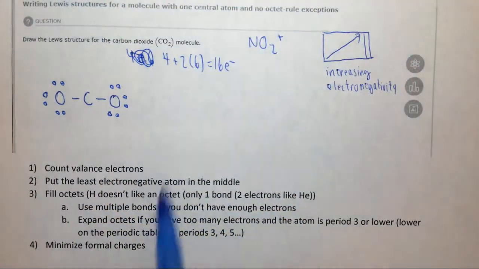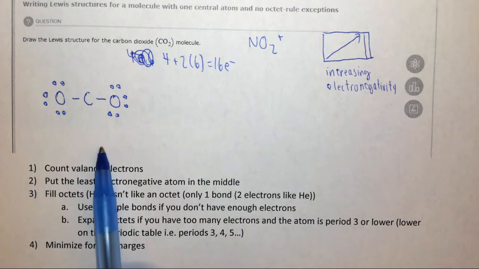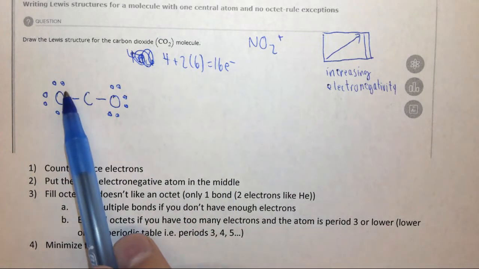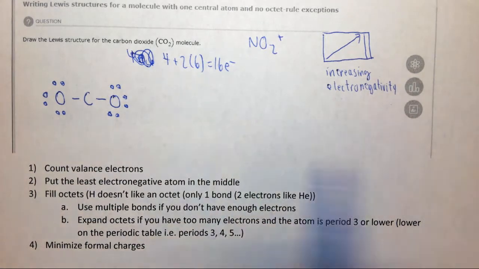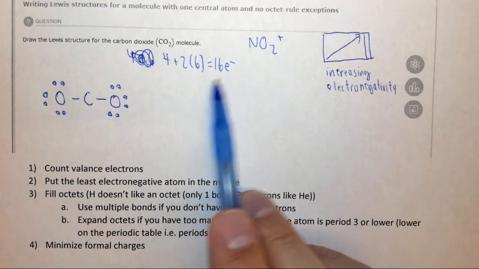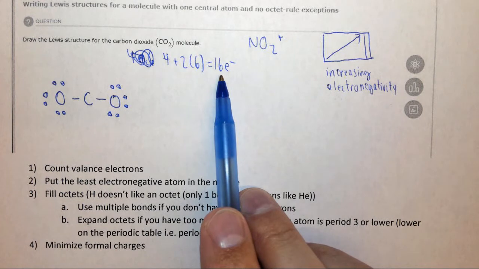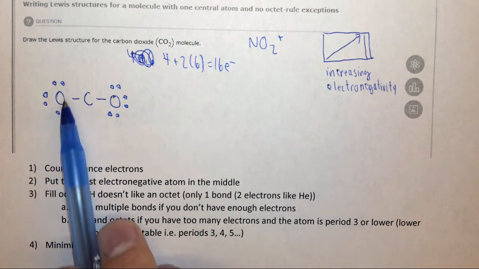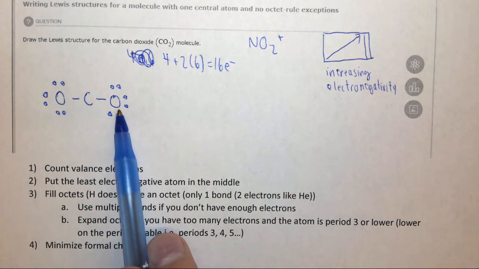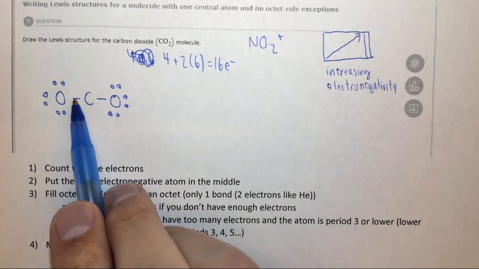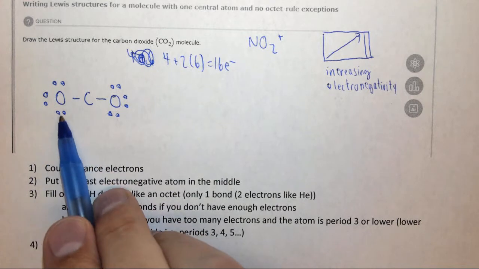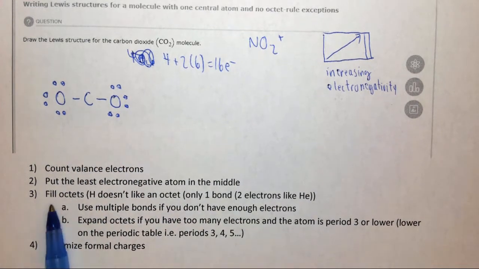I'll notice that I've filled the octet of oxygen, and I've used 16 electrons. A lot of times, not always, these numbers are evenly divisible by 8. If that is the case, it saves you some counting time. Note that there are 2 electrons in this bond, so there's 2, 4, 6, 8 around each.